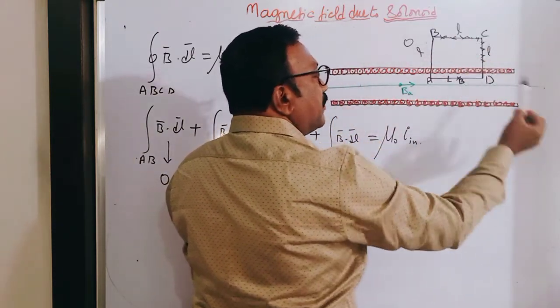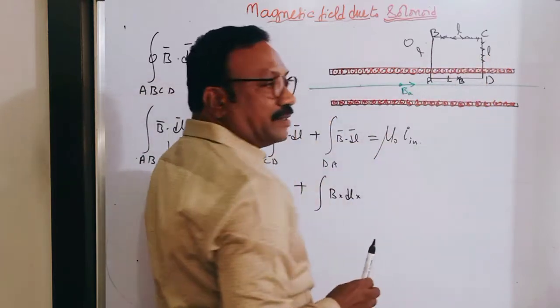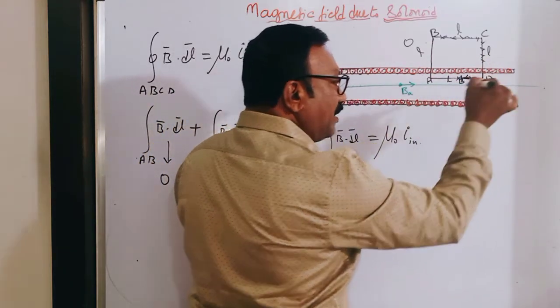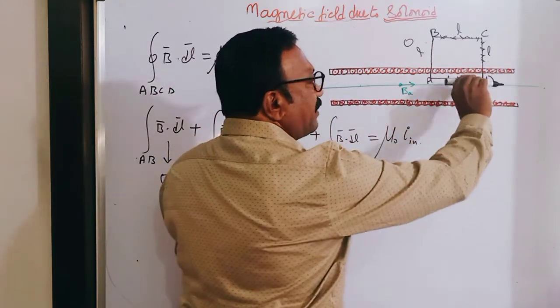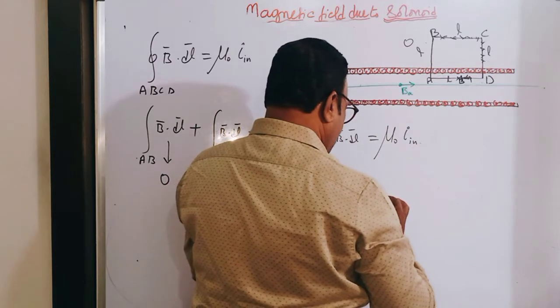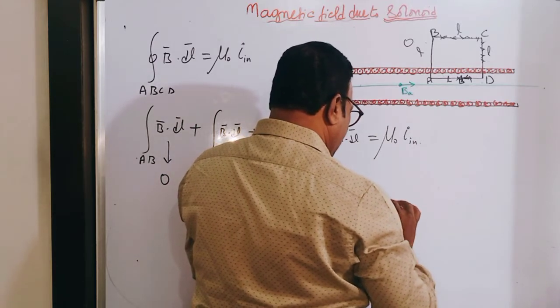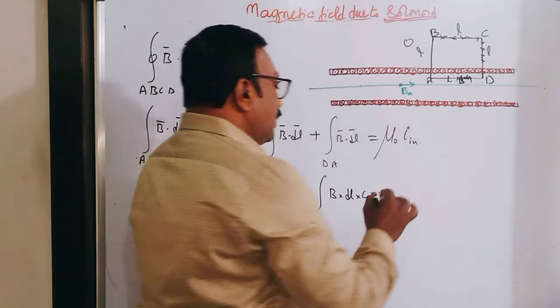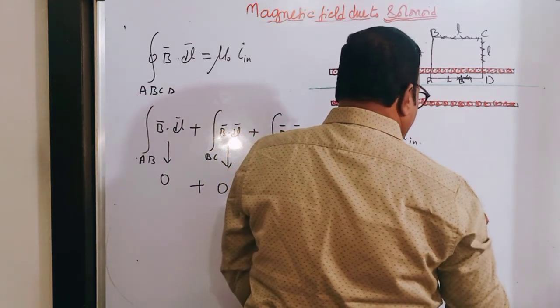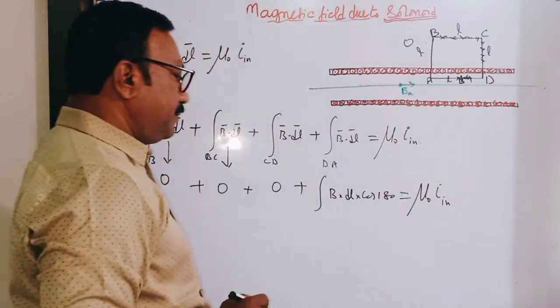Then this will be the direction of length, because if we consider an elemental length here, this will be the direction of the length. So this is the direction of magnetic field and this is the direction of dl. So this is 180 degrees, and I will take cos 180. That is equal to mu naught times I inside.